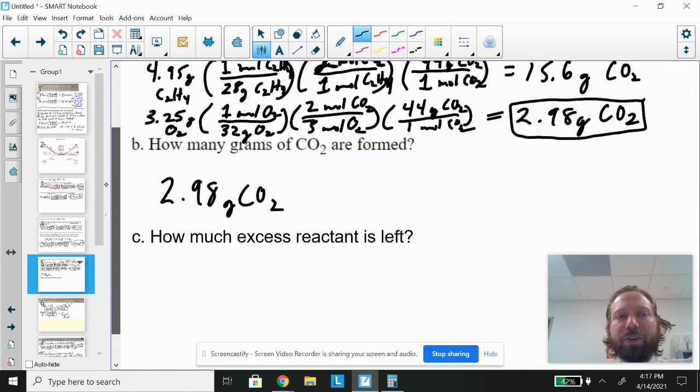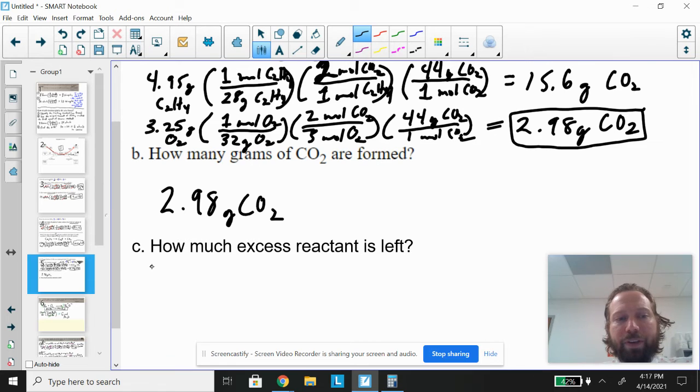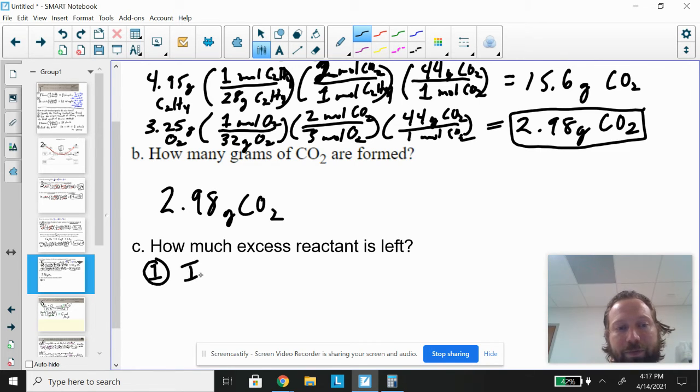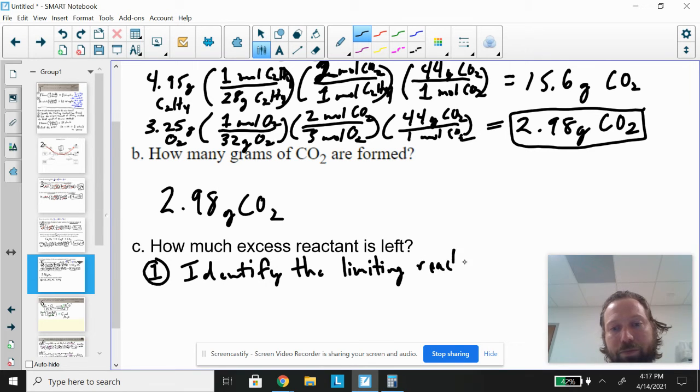The first thing we need to do is identify the limiting reactant. The limiting reactant is the oxygen. So in this case, it's the O2.